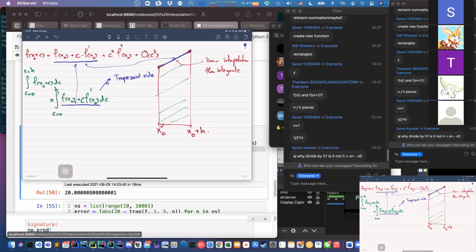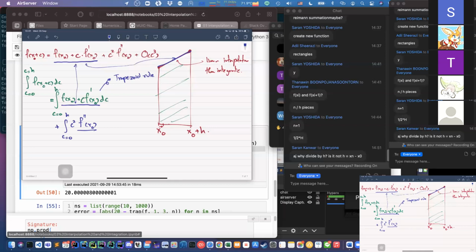But then we have the leftover. The leftover part is the integral from c equal to 0 to h of c squared f double prime at x0. You can integrate this, since f double prime of x0 is a constant that has nothing to do with c.